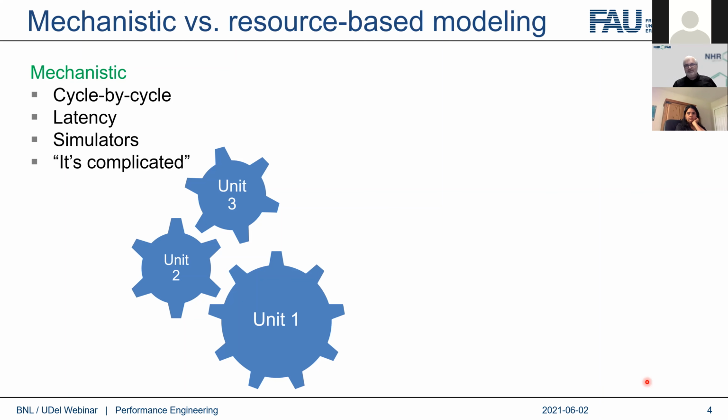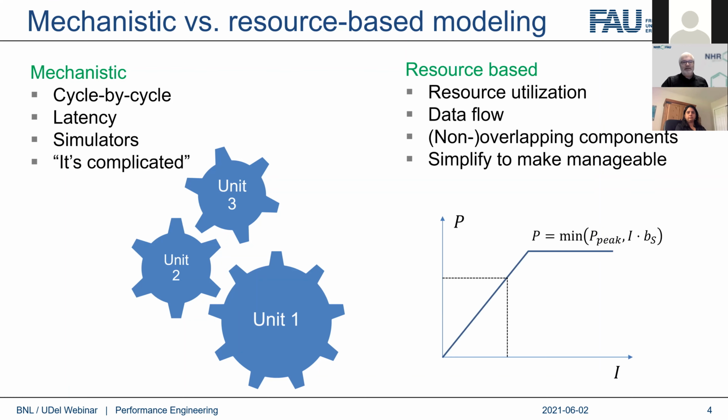Latency is the major metric in this point of view. If you want to do it right, you quickly end up setting up simulator-like software that tries to simulate the hardware as closely as possible. And mostly the conclusion will be it's very complicated and it's really hard to find out what the actual bottleneck is.